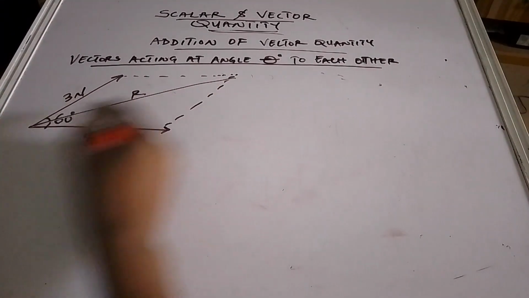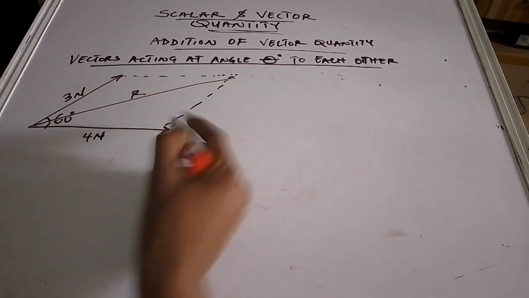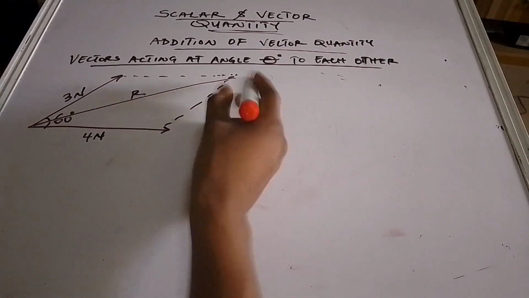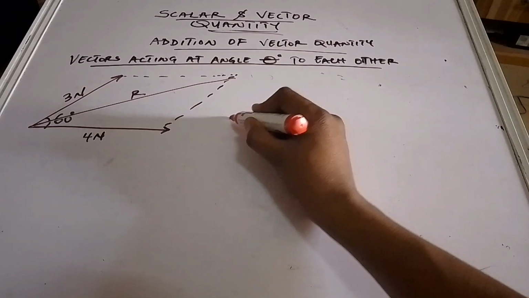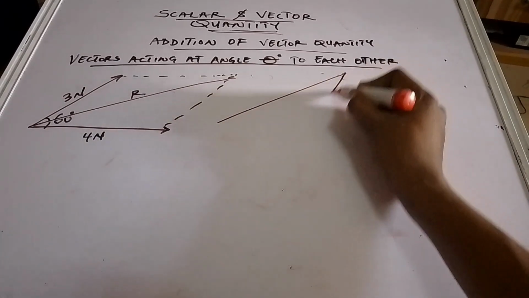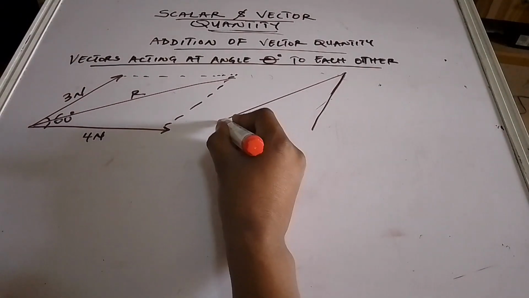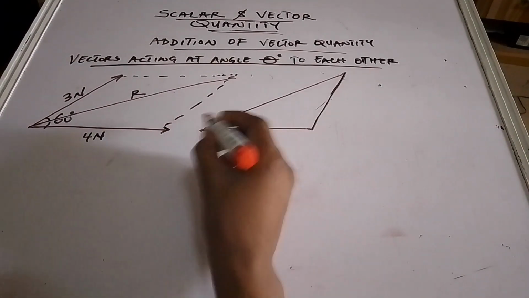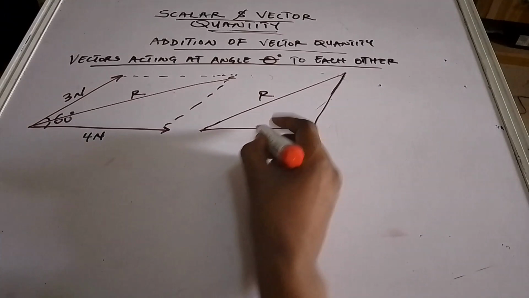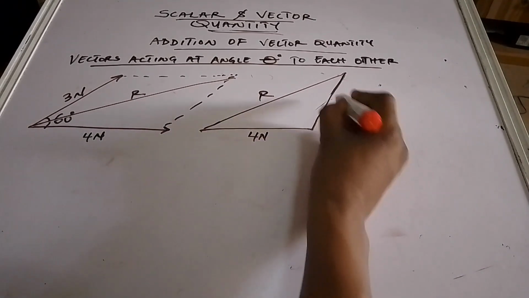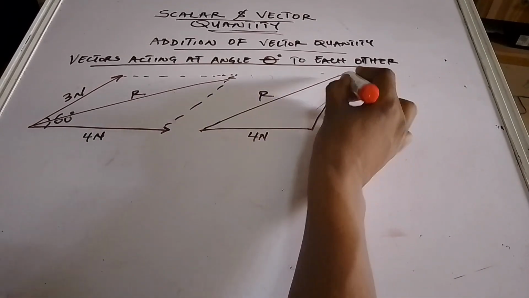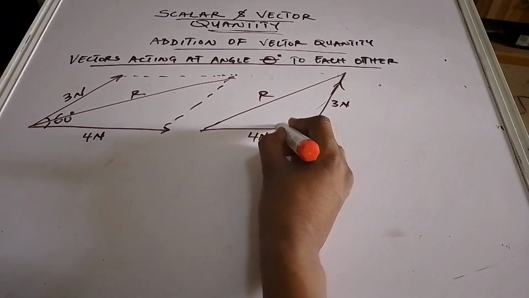So we have drawn the resultant vector. Now let's take it out for better understanding. This one is our R that we are looking for, this is our 4 Newton, this is our 3 Newton, and this is the direction of our vector quantity.